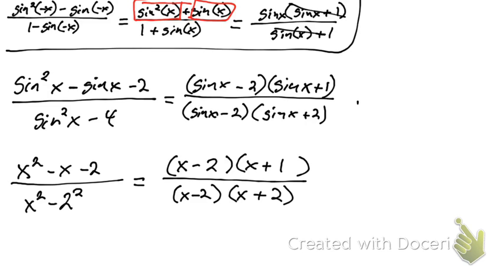Are you okay with where I got all that from now, Mark? You sure? All right. Then this would just cancel out with this, and the complete simplified form is just sine of x plus 1 over sine of x plus 2. There's no way to simplify it. We don't have any identities with just sine of x. It'd have to be sine squared x.